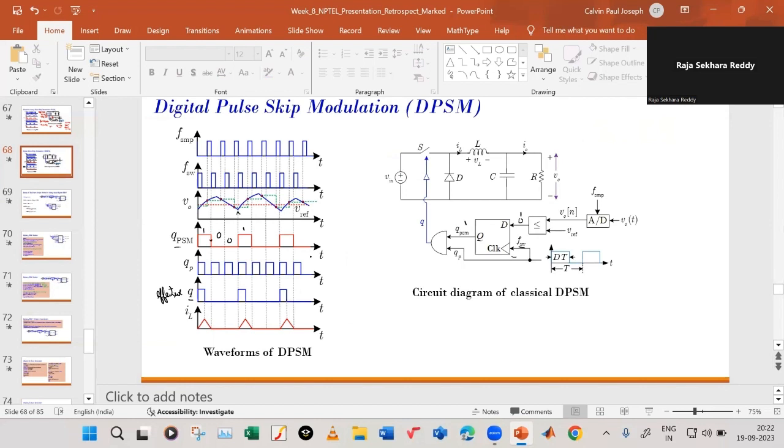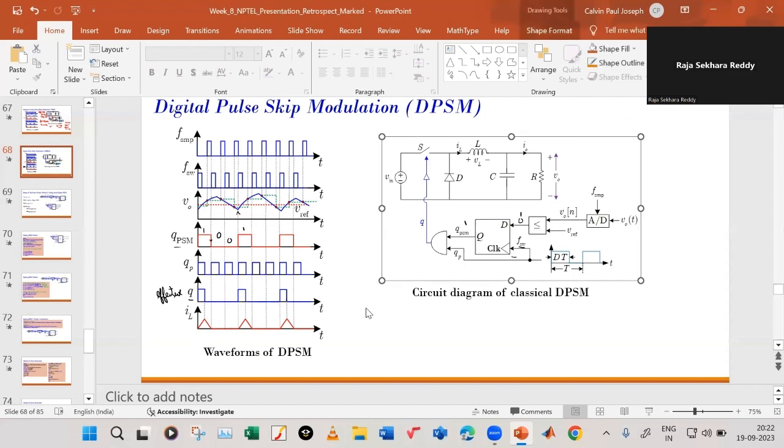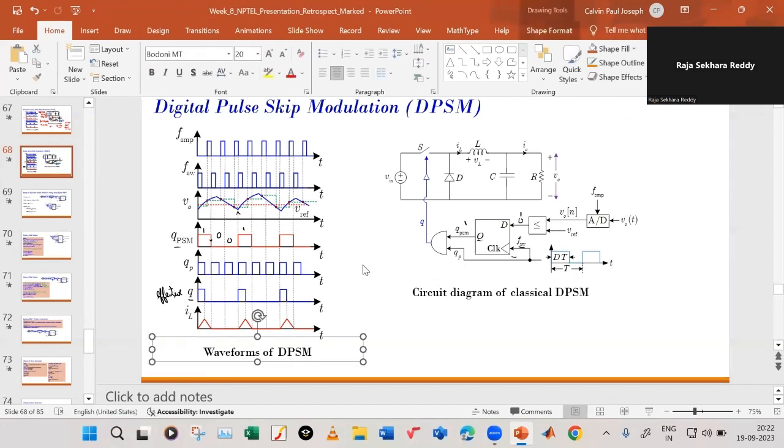No, this is just positive edge. It's not negative edge trigger. Positive edge. I don't exactly recollect, but the logic is it should be positive edge.